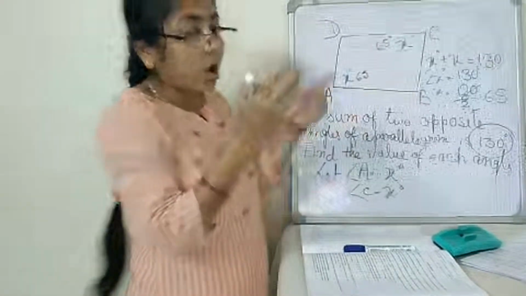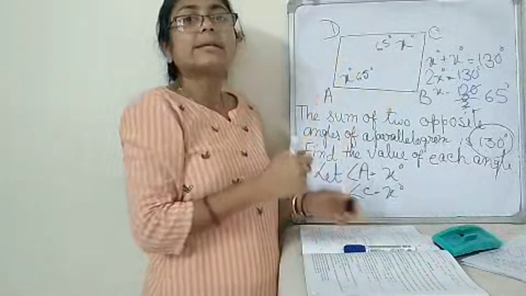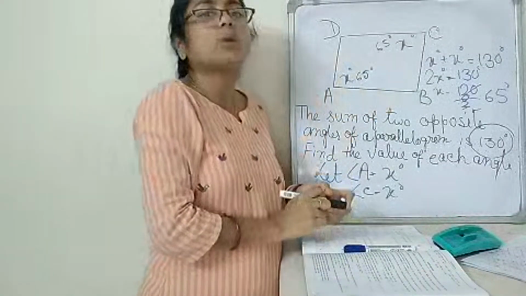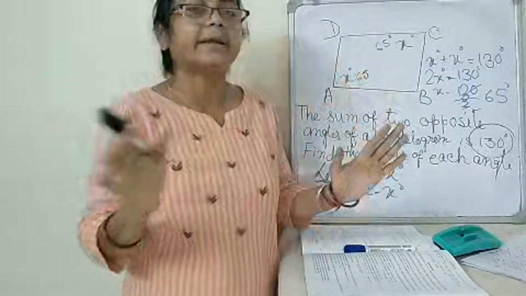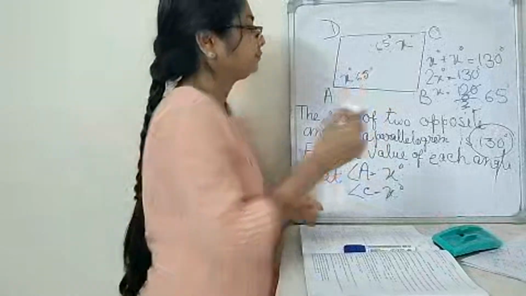Now you recall your previous one. What am I telling? The sum of two adjacent angles is always 180 degrees. I know one angle. So what is the other angle?